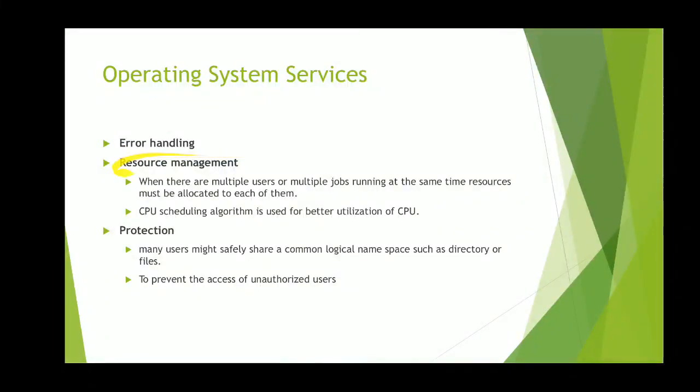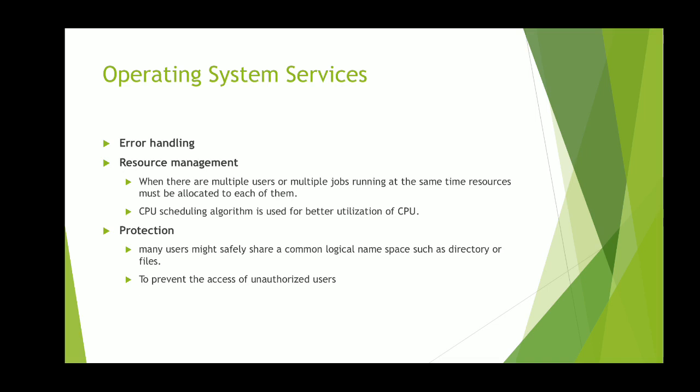The resource management service of the operating system is used to manage various resources attached to the system. In a computer or an embedded system, the major resource is the CPU, so the operating system's CPU scheduling algorithm is used to manage CPU utilization for different processes.